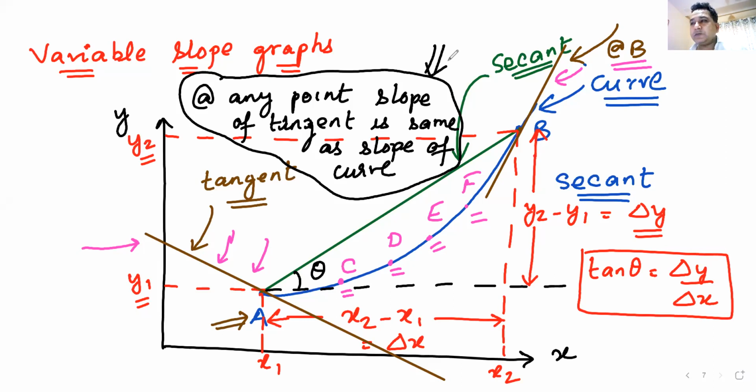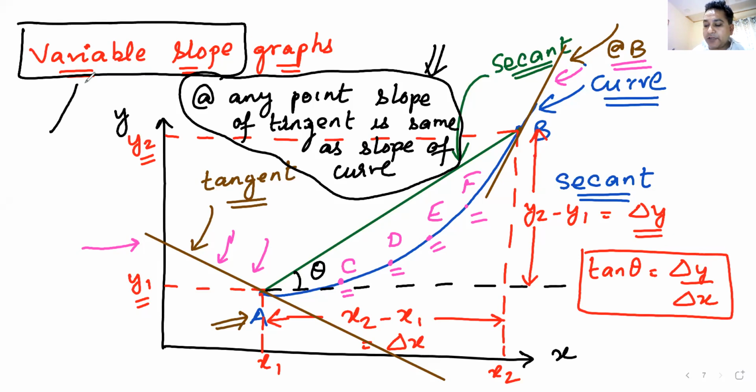This type of a curve does not have a constant slope, and hence it is known as curve of a variable slope. Are you getting my point? Am I clear with this point? Curve of a variable slope. Yes or no?